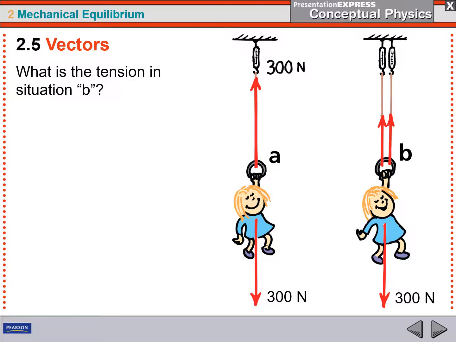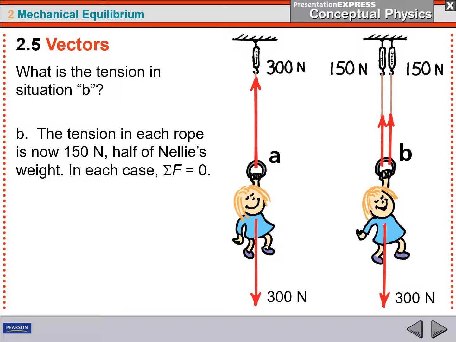In this case, the two forces in the ropes must add together to give you that 300 newton upward resultant. So the tension in each rope, if they're parallel, must be 1/2 of her weight, 150 newtons. That way, there will be 300 newtons total upwards to add to 300 newtons total downward to give you a sum of zero.